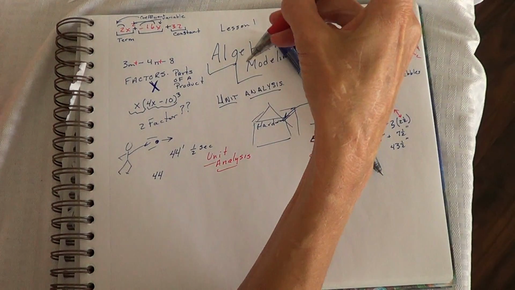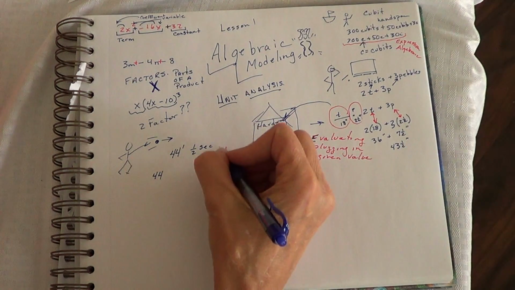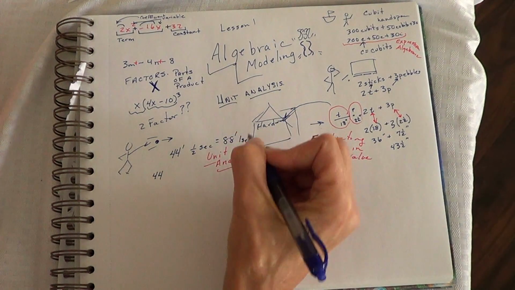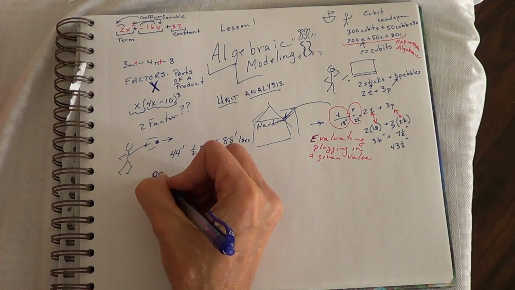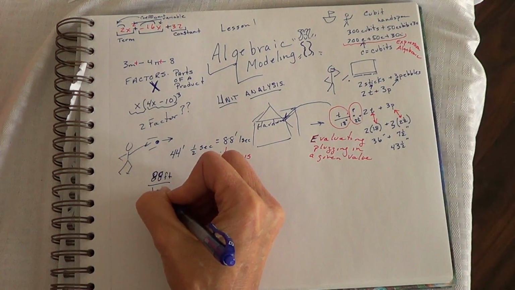Feet per second doesn't really mean a lot, although we could switch that to being 88 feet in 1 second. So for sake of the fraction there, let's go ahead and switch this over. 88 feet in 1 second.